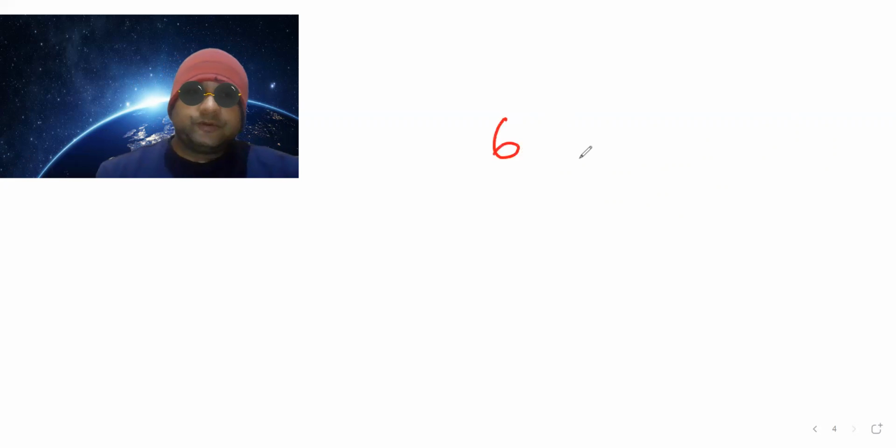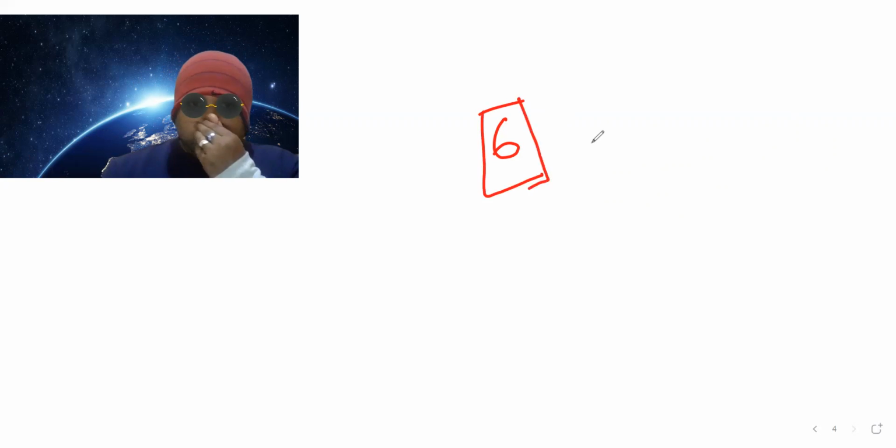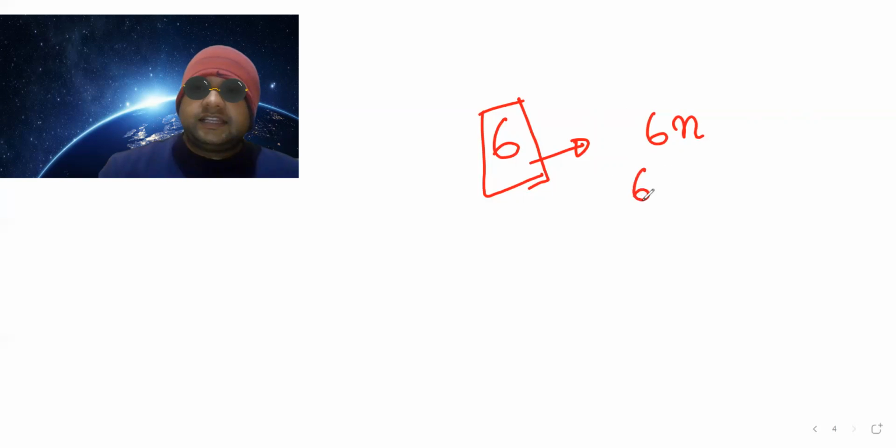Therefore, it brings us to the second concept. Any number, when it has to be written, say, for example, there is a number 6. We have to express all the numbers in the natural number system in the form of an expression of 6. A number which is divisible by 6 we can write as 6n. Then the next number will be 6n plus 1, correct?